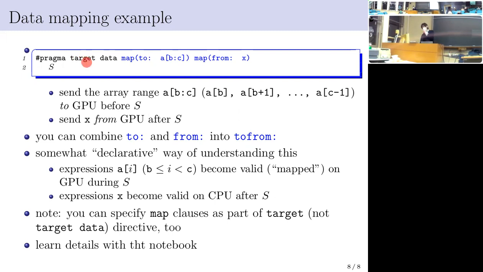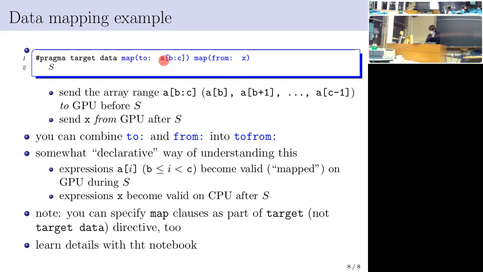But when you move data between CPU and GPU, you have pragma OMP target data. And the important things are these clauses like map. Typically you use just a few map clauses attached to this target data directive.